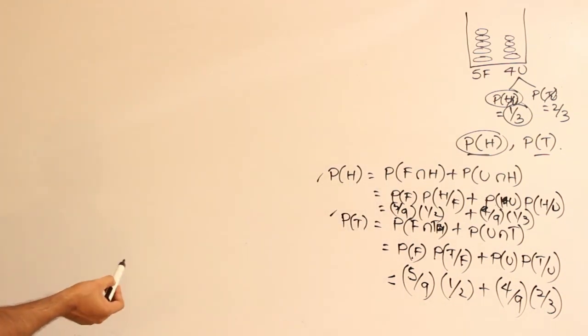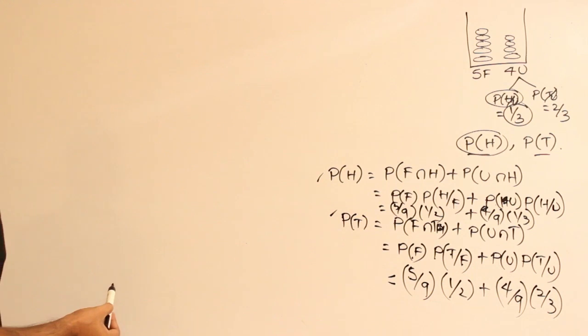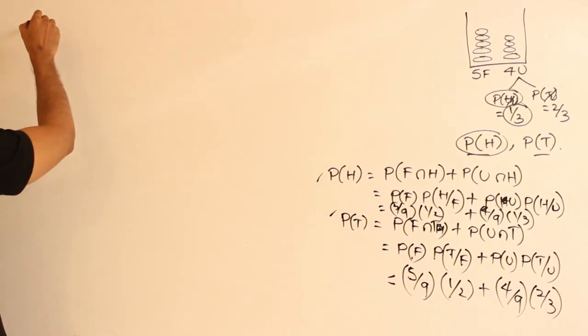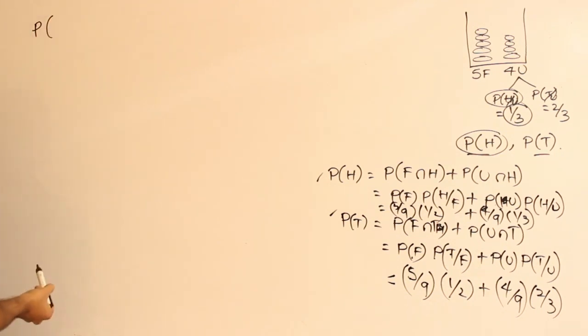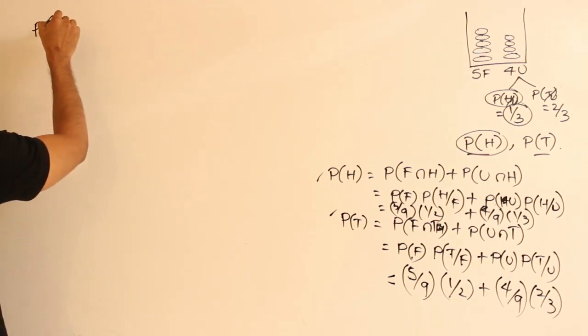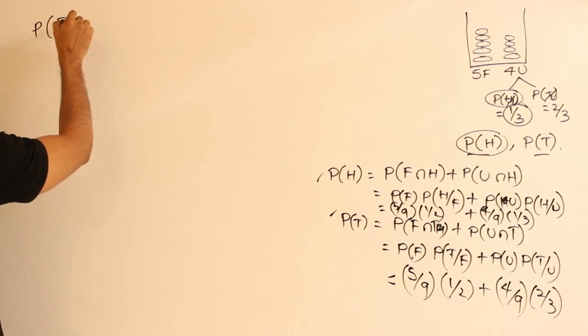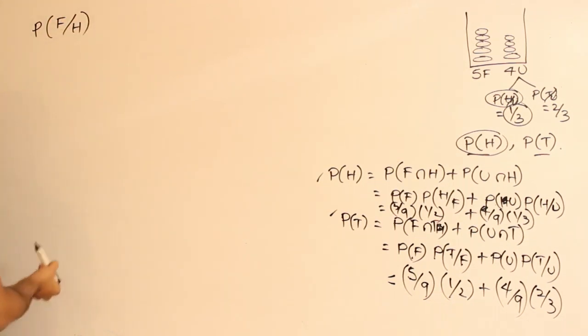Now let's talk about the reverse probability using Bayes' theorem. So what are the various questions they might ask? One is, what is the probability that the coin happened to be a fair coin, given that we got a head? I'm listing down all the possible questions, okay?